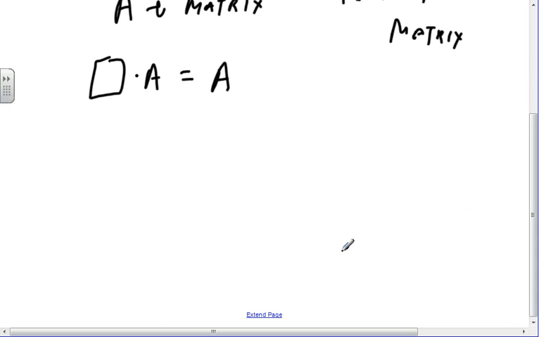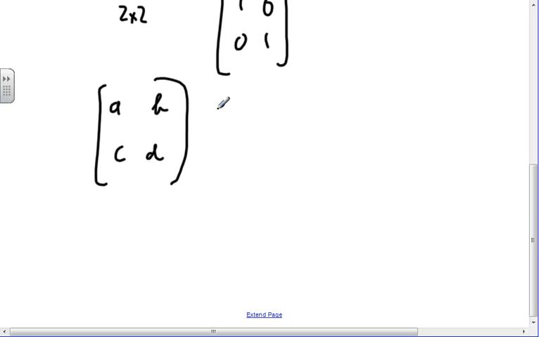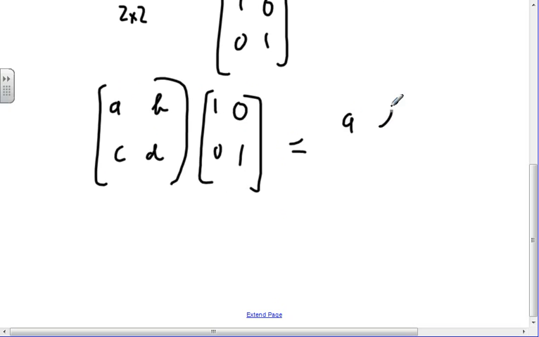So if I want a 2 by 2 identity matrix, I have 1, 0, 0, 1. And so I've got A, B, C, D, and I'm going to multiply that by 1, 0, 0, 1. First row, first column A, first row, second column B, second row, first column C, second row, second column D. Seemed to work.